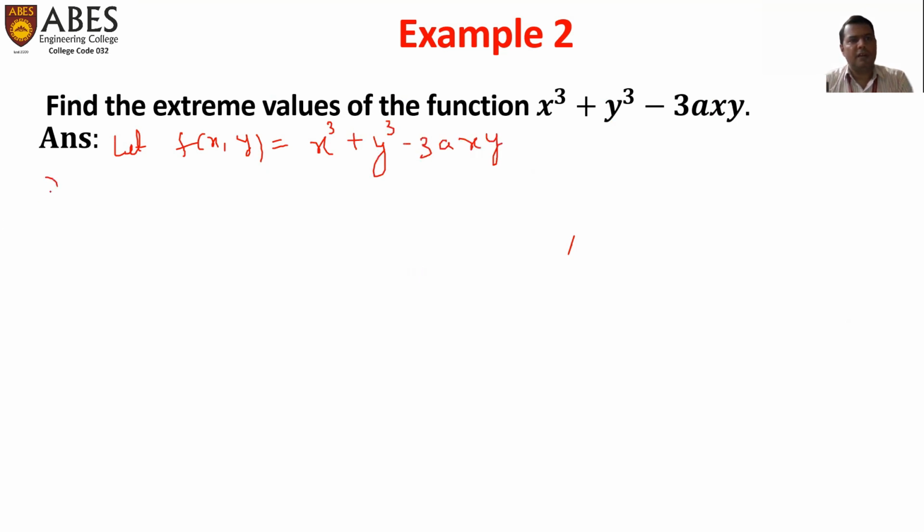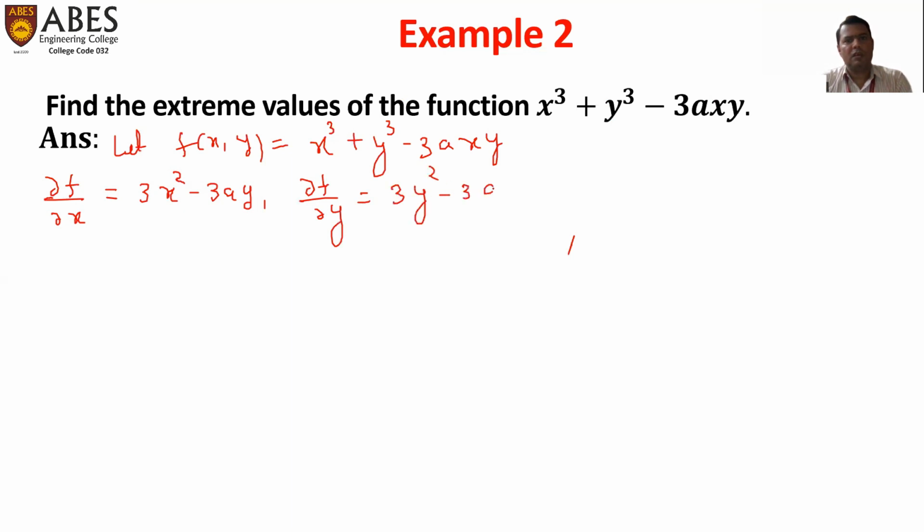Now we find del f over del x, which is 3x square minus 3ay, and del f over del y, which is 3y square minus 3ax.